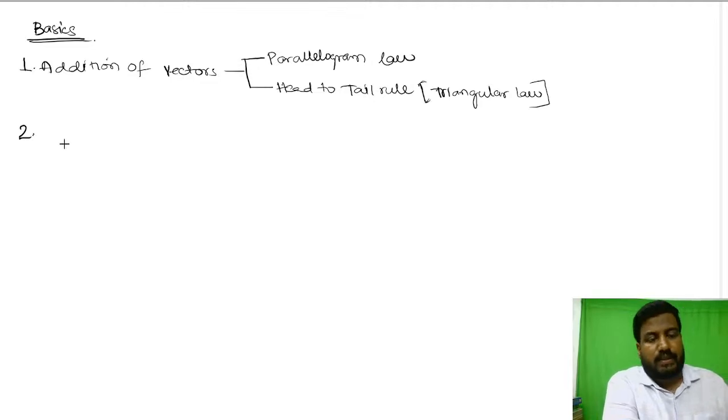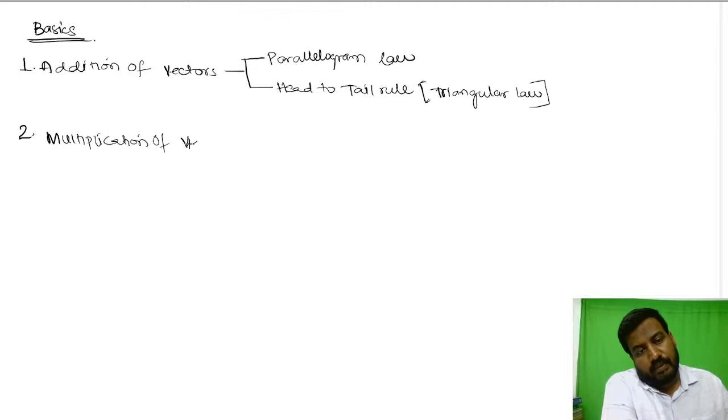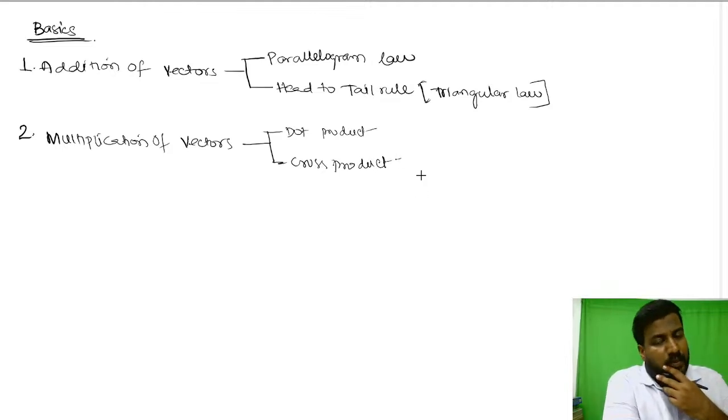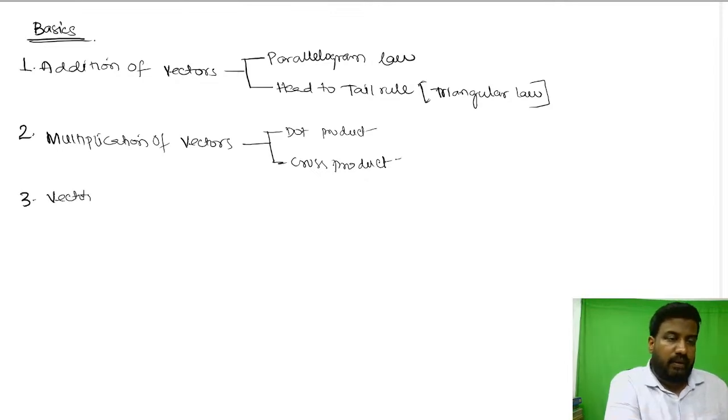Then in basics, the important thing is multiplication of vectors by using dot product and cross product. Third, vector identities.